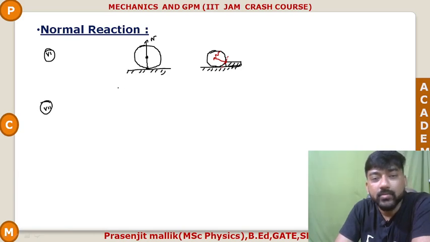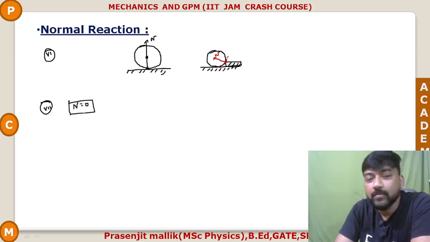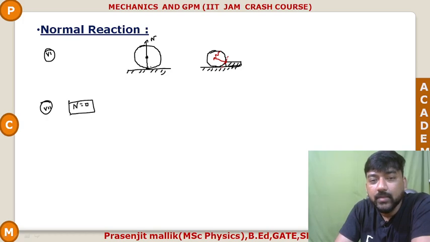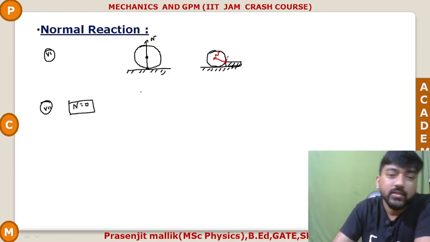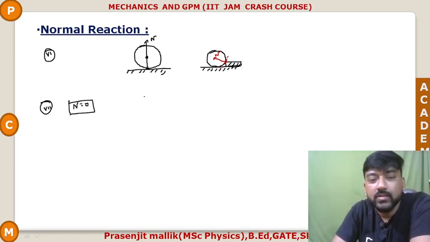So whenever any object loses contact, detaches from its contact surface, the normal reaction will immediately be 0. As soon as it leaves the surface, the normal reaction will be 0 immediately. Something like in the case of a lift, you can see.